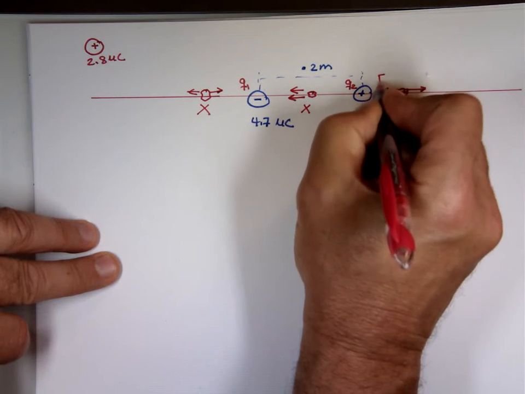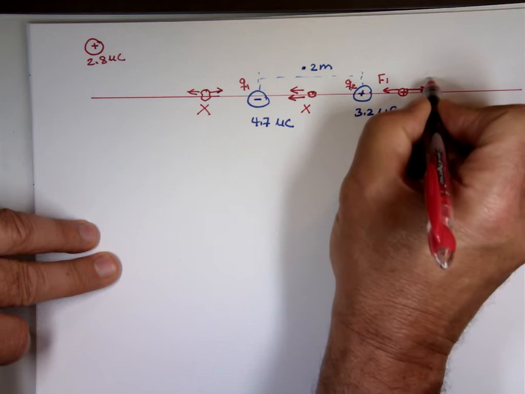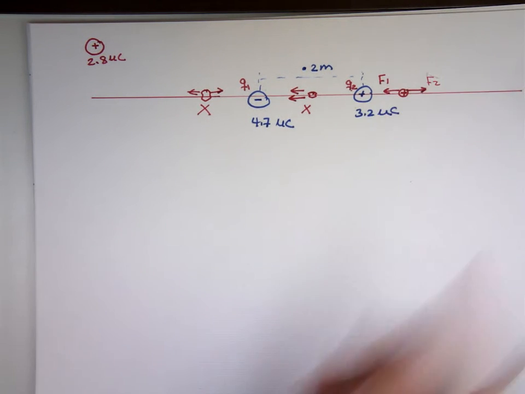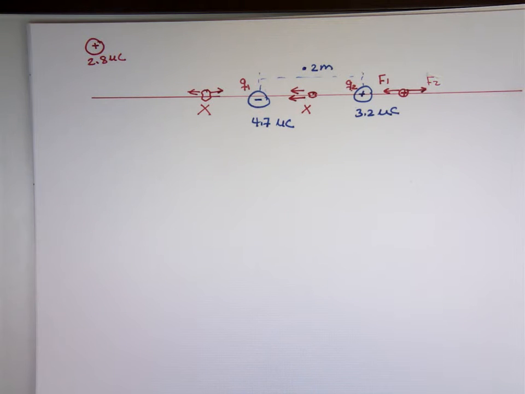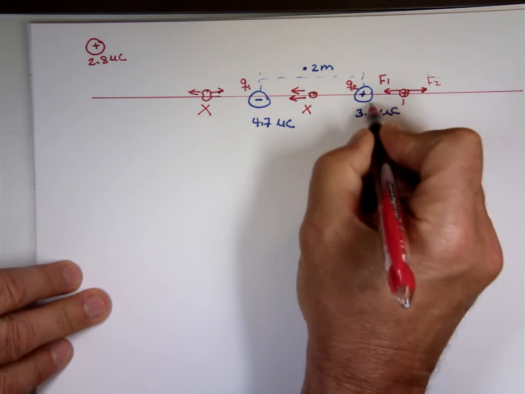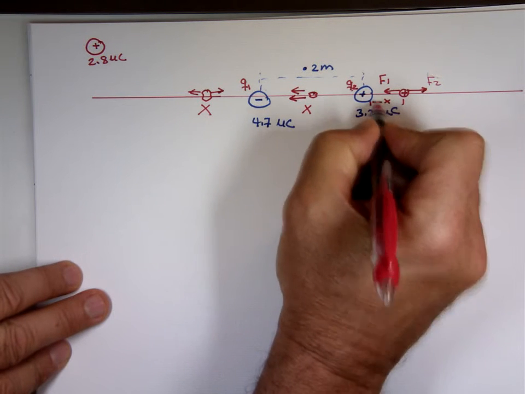This is F1. Q2 is positive. That's positive. It's going to push on it. That's F2. So if it's going to happen, it's going to be on this side. So let's call this distance from here to there x, and let's see if we can find what x is.